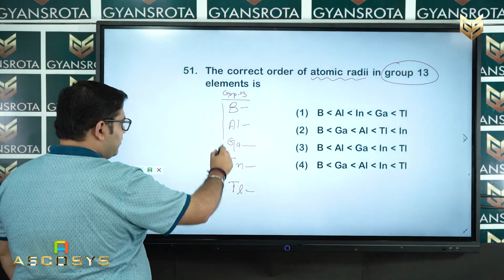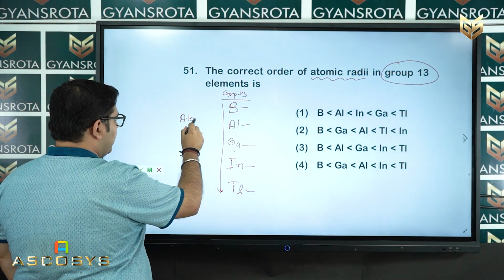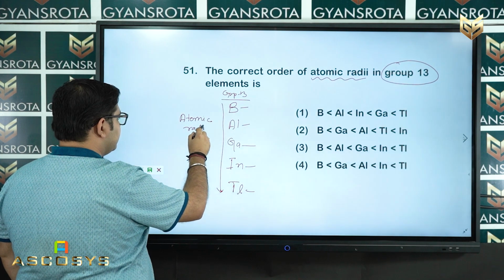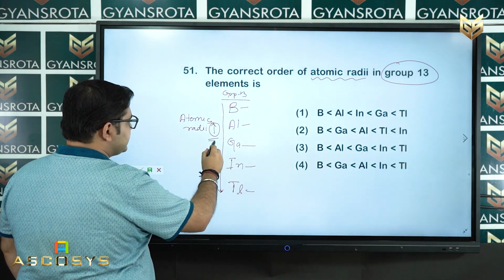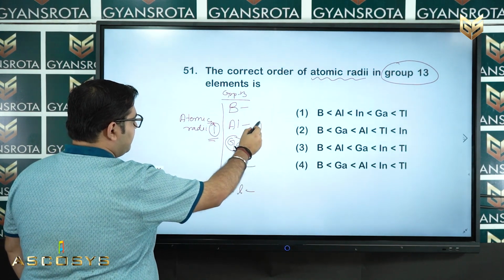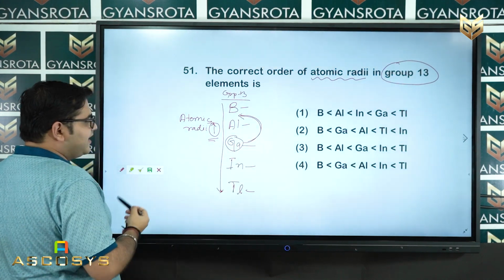So, if you go down the group, the atomic radius or atomic size increases, except for gallium, and gallium will come after boron. Now, what is the reason?